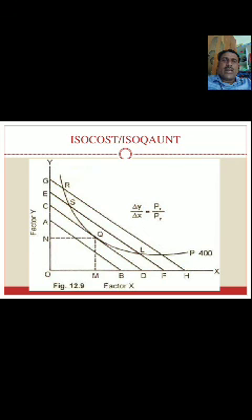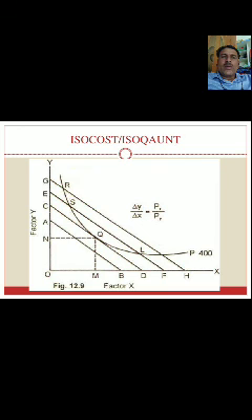Where the producer attains equilibrium, the maximum profits will arise there. Where the maximum profits arise, the cost of production is lowest. That's why for the 400 units production, the cost will be the lowest at the point Q only.